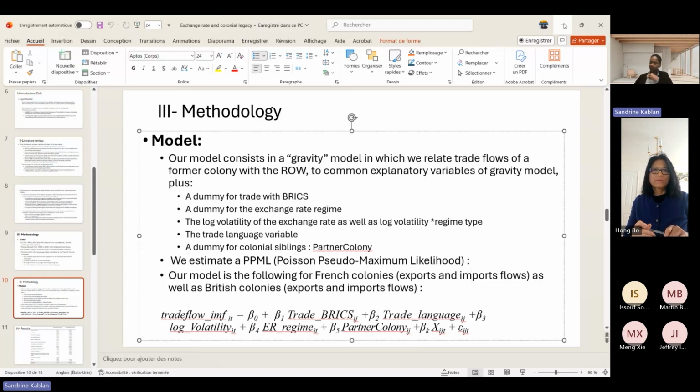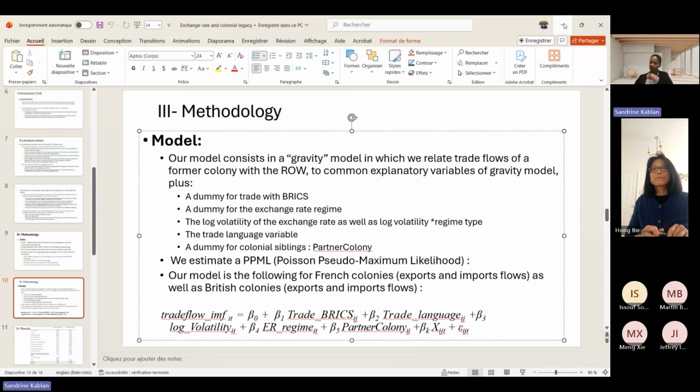So this can shed light on the debate, because if you listen to what is said on the international economic scene about CFA currency arrangements, sometimes people talk about leaving this arrangement because they say it's an old-fashioned arrangement.